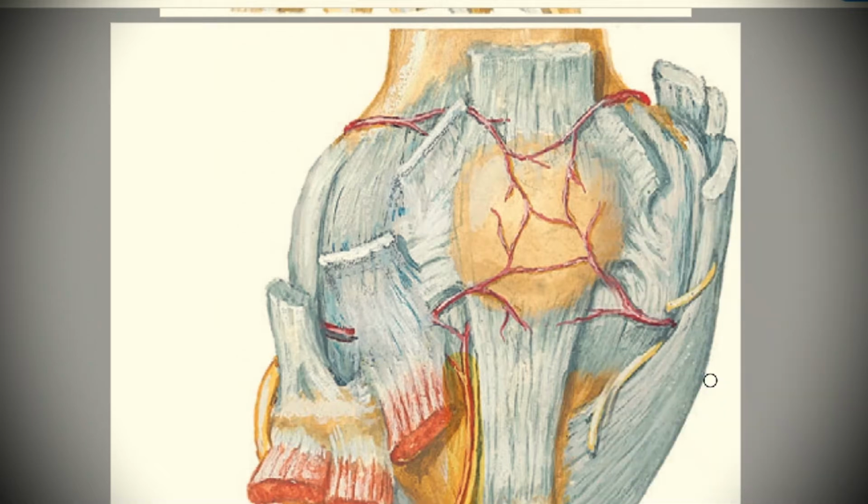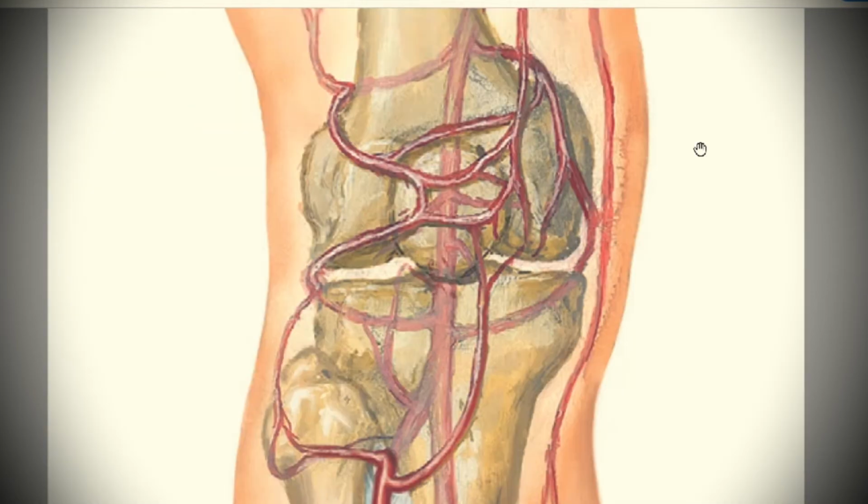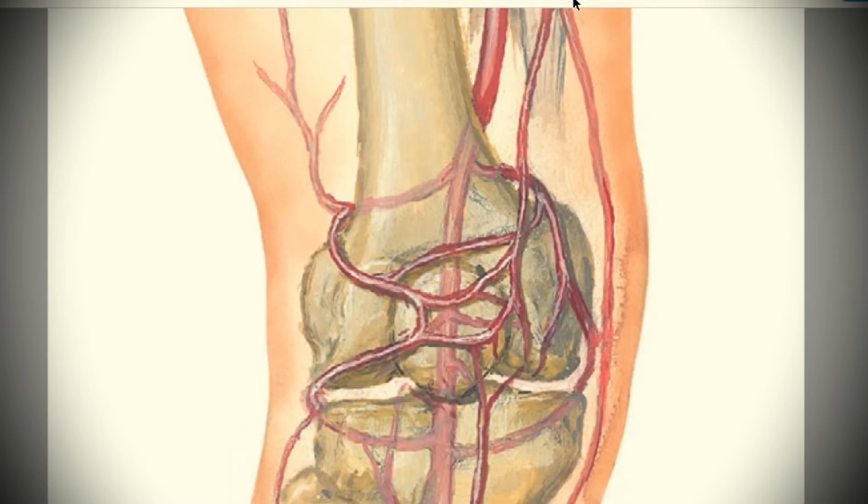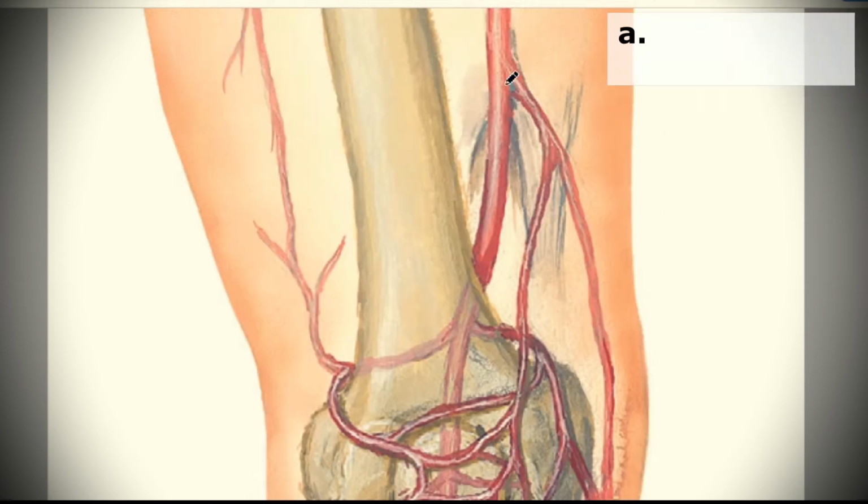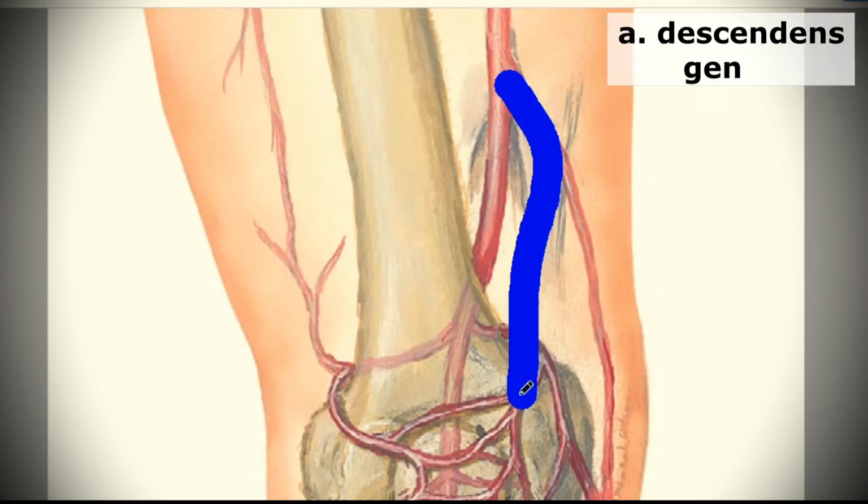And now we can describe the supply of the knee joint. The knee joint is supplied by 8 arteries, in most cases. One of them you know from the previous topic: arteria descendens genus, a descending artery that came from arteria femoralis.